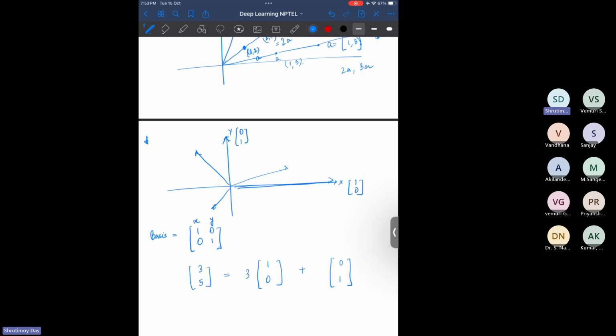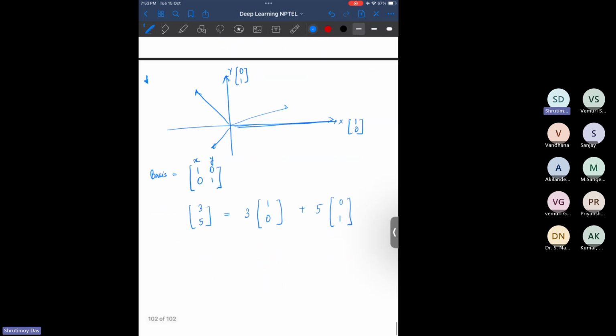So I can just write it as 3 times x plus 5 times y. So this is a linear combination of the basis vectors. That is what we mean by saying that any vector can be written as a linear combination of basis vectors. There can be other basis vectors also.